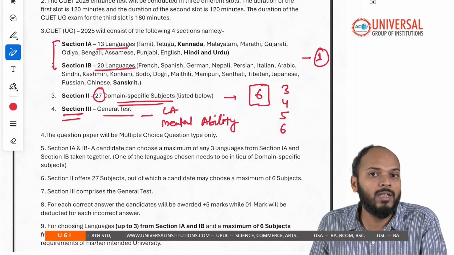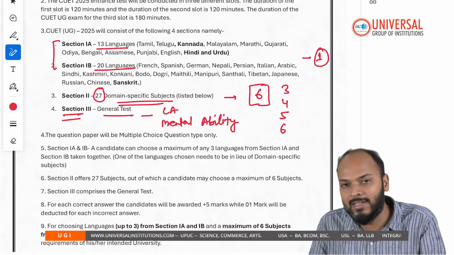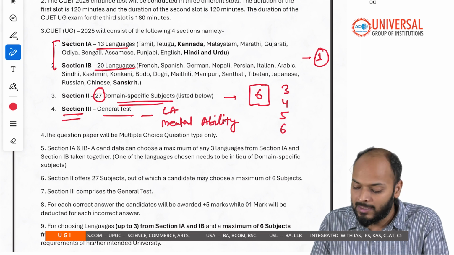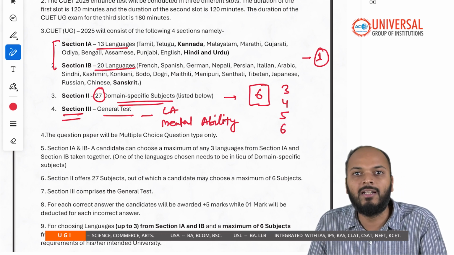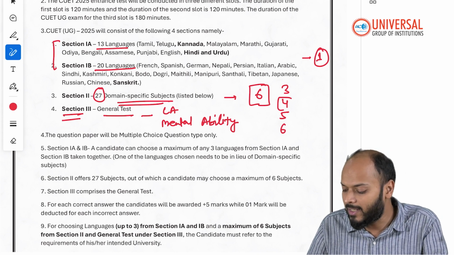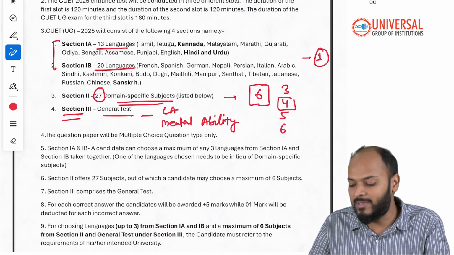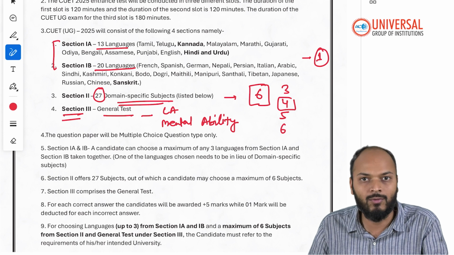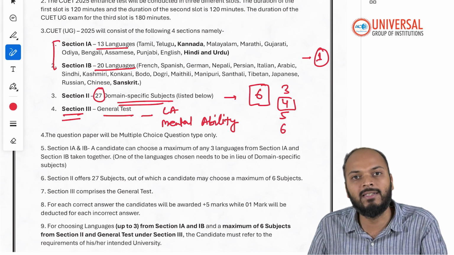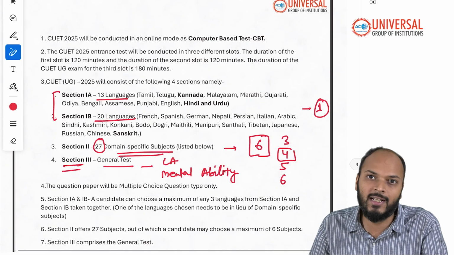Some colleges of DU don't consider the score of the general test, right? So university to university, the combination of these subjects varies, right? In some universities, you can write 4 domain subjects and 1 language paper. No need to write the general test. In some, you have to write the general test, right? So it varies depending upon which university you are targeting, right?